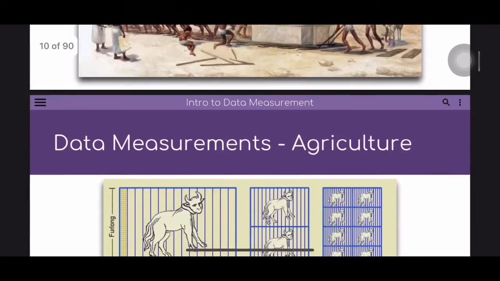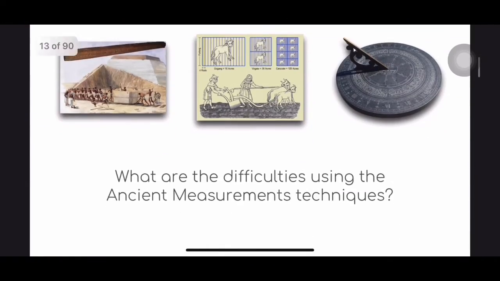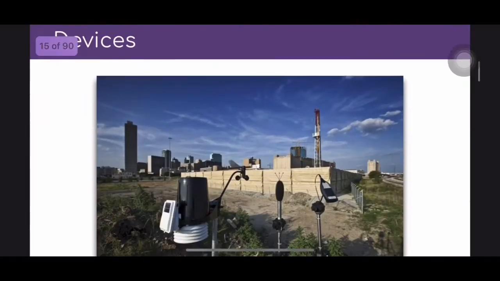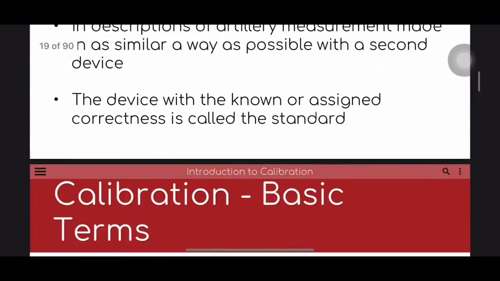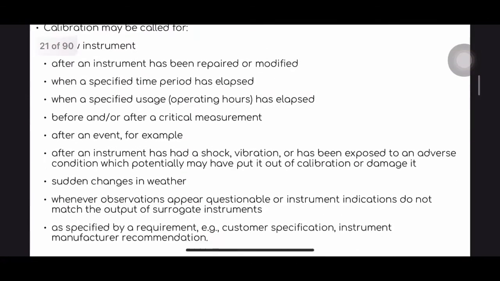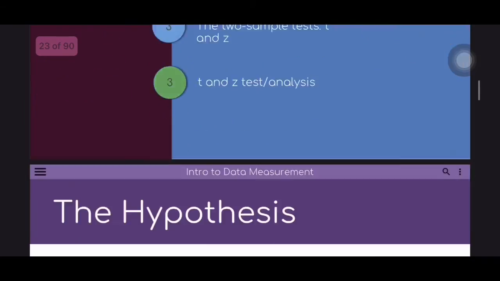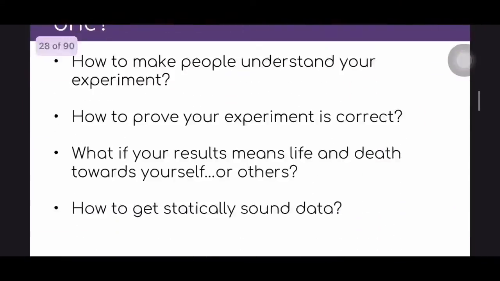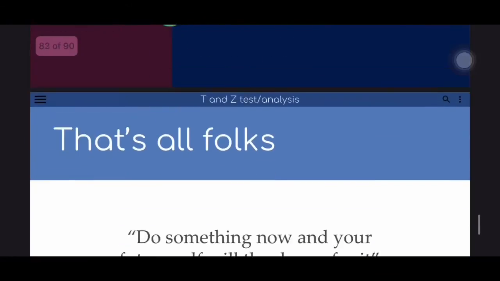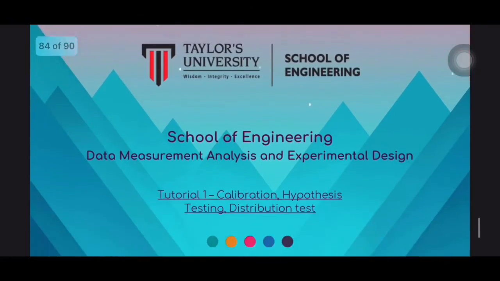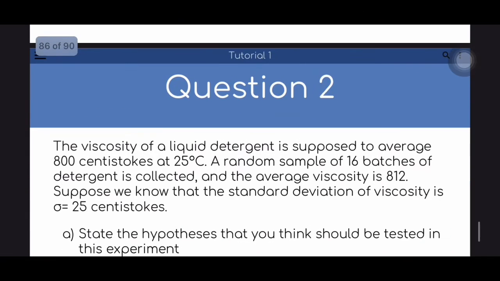Basically, it will just give you what the lecture is all about: what is measurement and modeling, and what is calibration, when to calibrate, and so on and so forth. Usually in my lecture, I will have the tutorial questions at the end of the slides. So if you scroll to the end, there will be questions there.